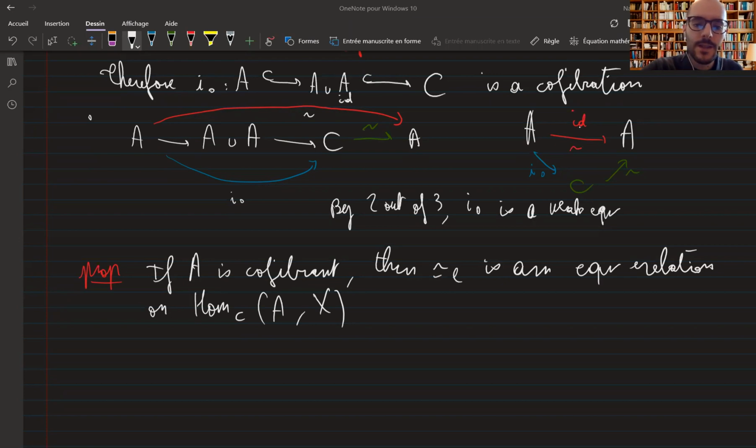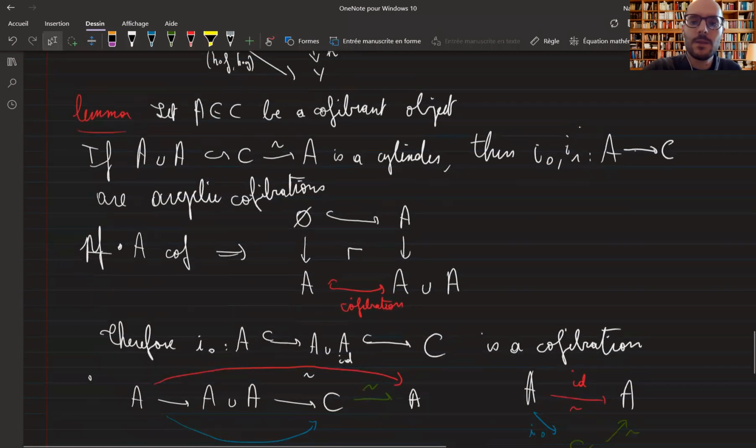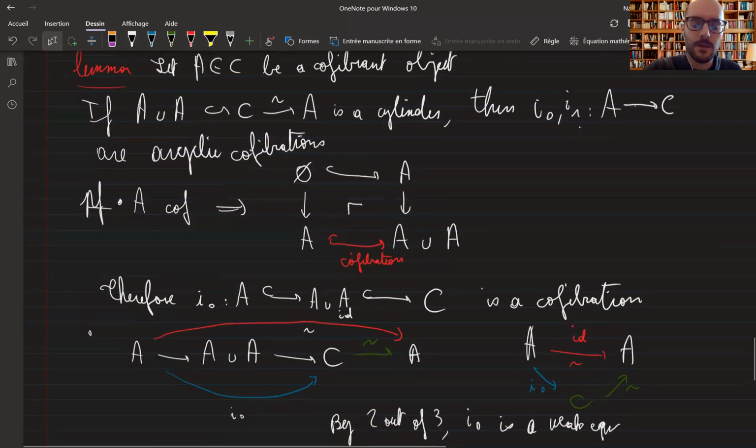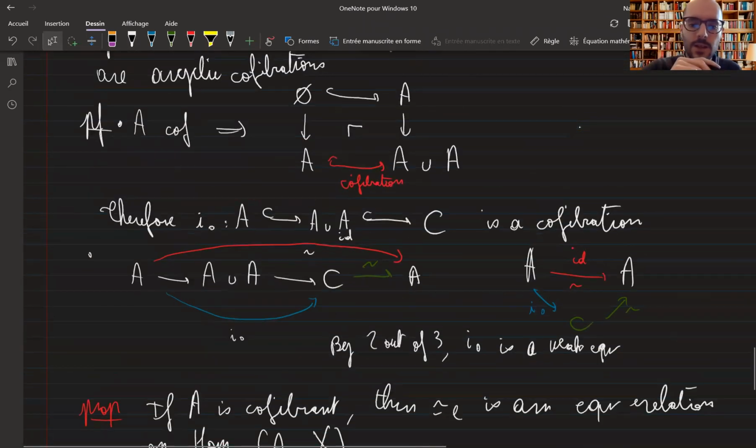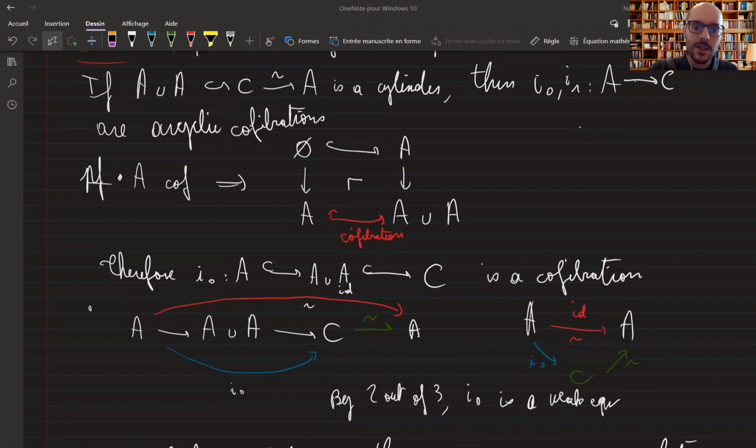So someone is asking which one is for I1. I wrote I0 in both arguments. You do the exact same thing. Instead of using this map, you use this map, but because this map is a cofibration, this map is a cofibration too, right?